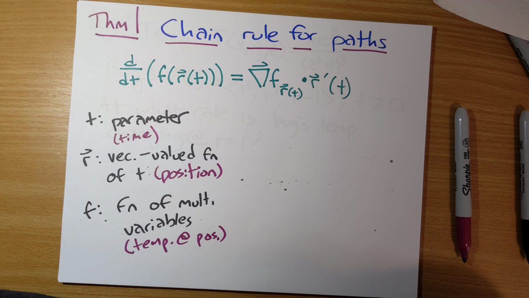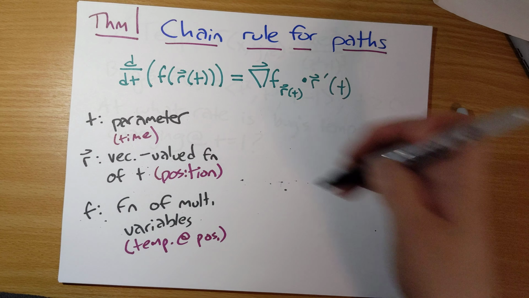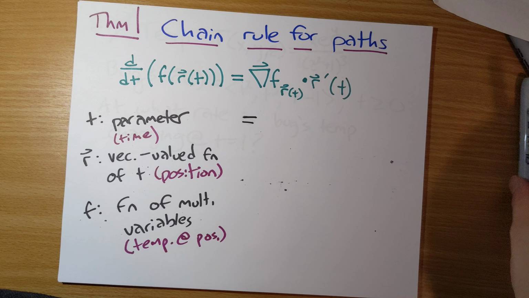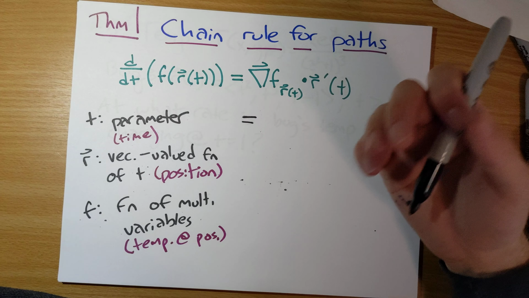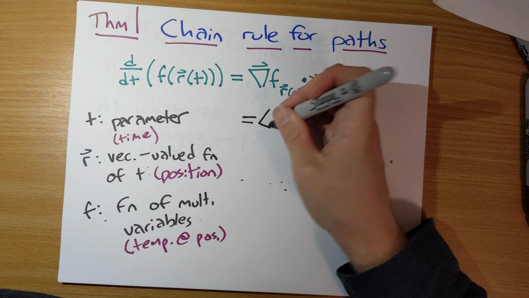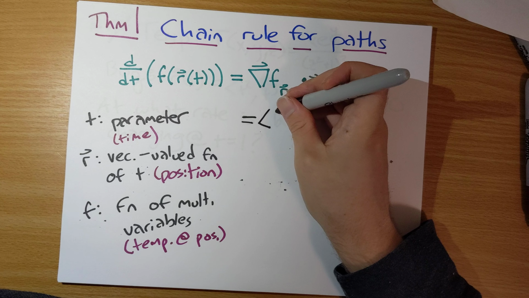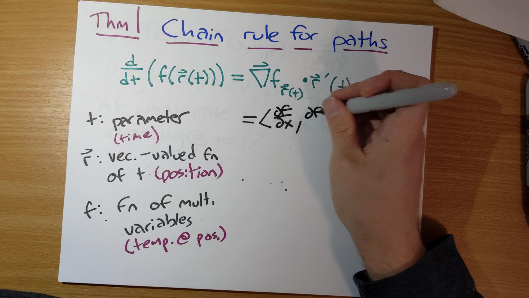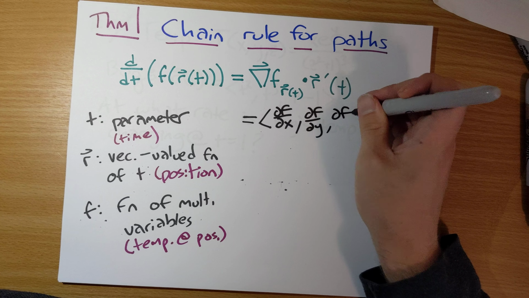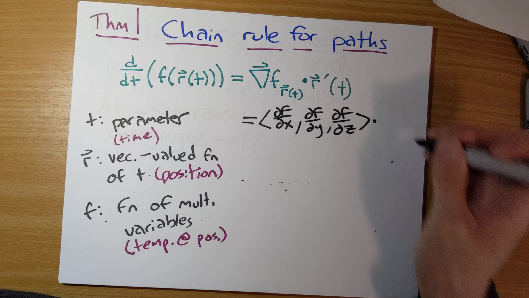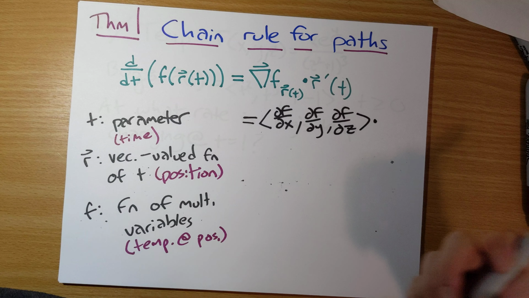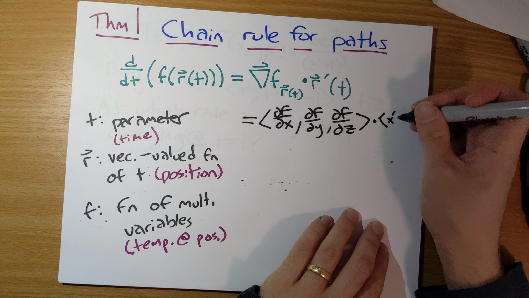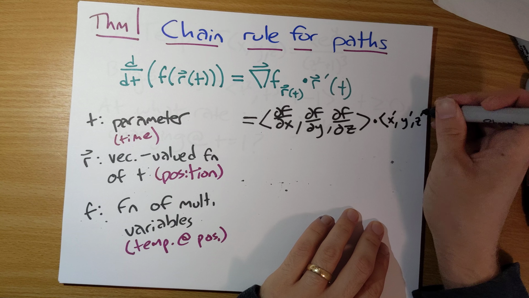Let me just point out here one other way to write this. Let's assume that our function is a function of 3 variables here. So the gradient of f would be partial f partial x, partial f partial y, partial f partial z, dot product with, if we're writing r as x of t, y of t, z of t, x prime, y prime, and z prime.